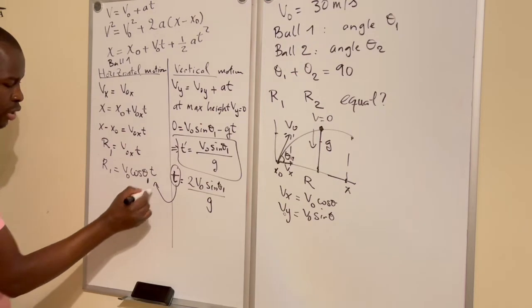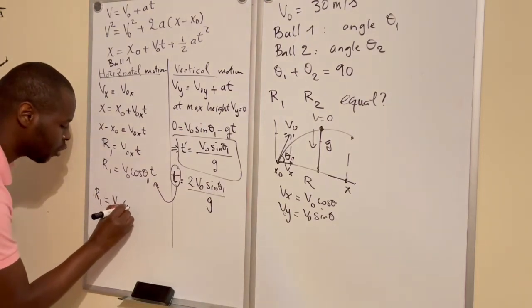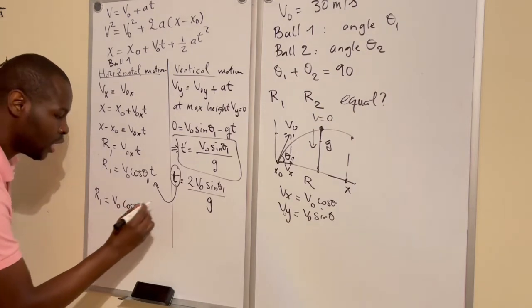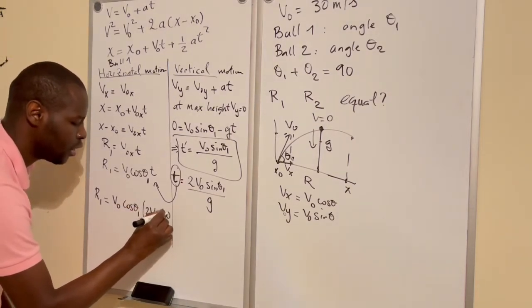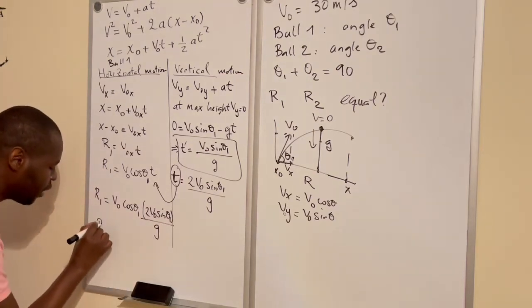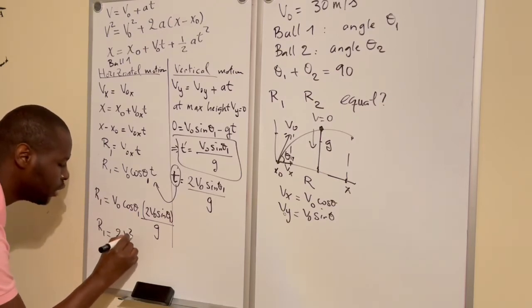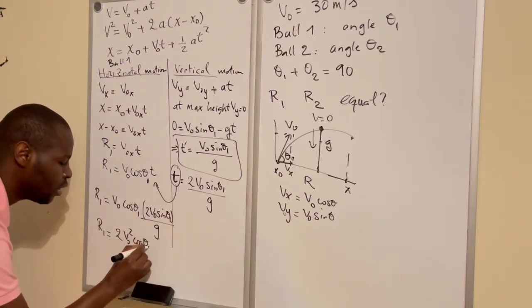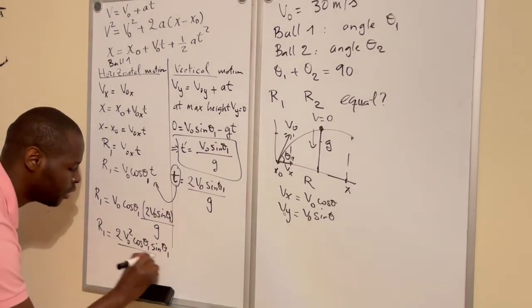So you can go ahead and substitute here. R1 now becomes V0 cosine theta 1 times 2V0 sine theta 1 divided by g. So you can simplify this to become 2V0 squared cosine theta 1 times sine theta 1 divided by g.